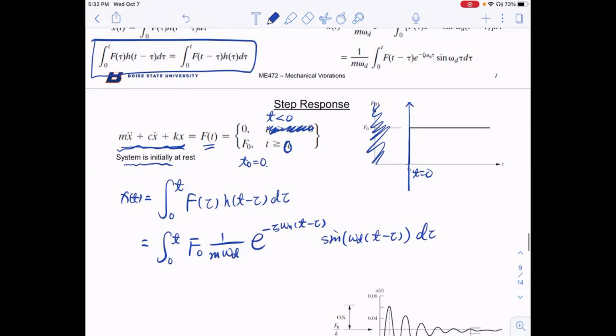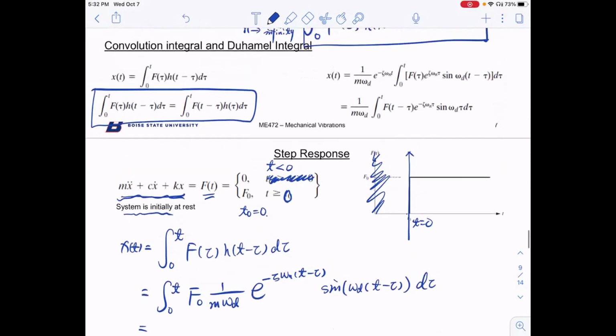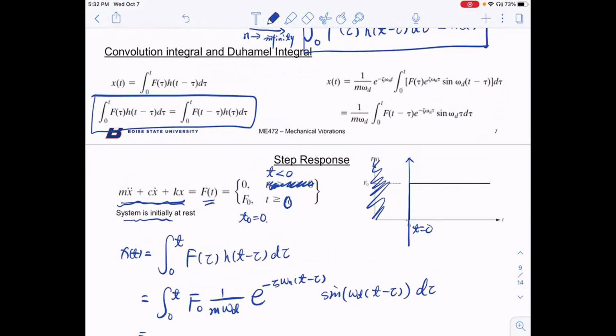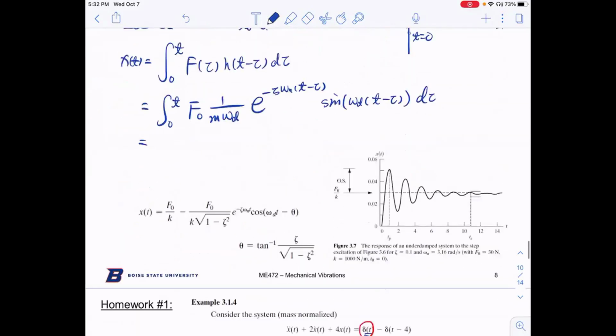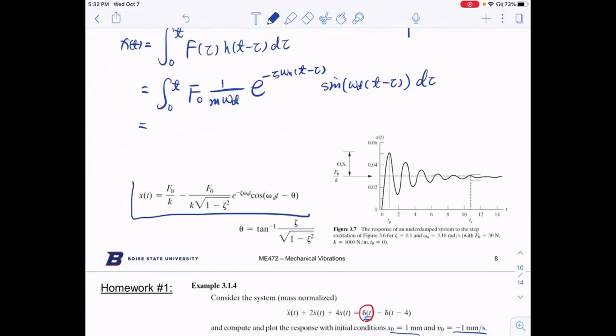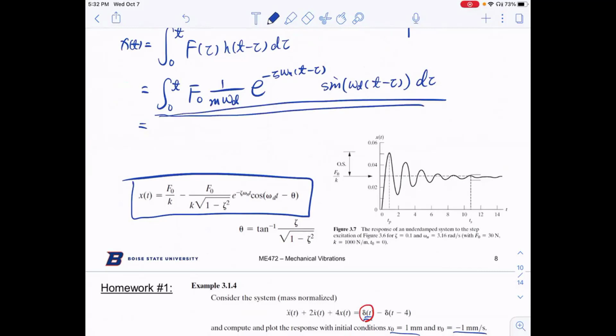And then you can calculate this integration, and eventually you're going to get the solution here. That's your final solution. So the challenging part is you have to solve this integration.